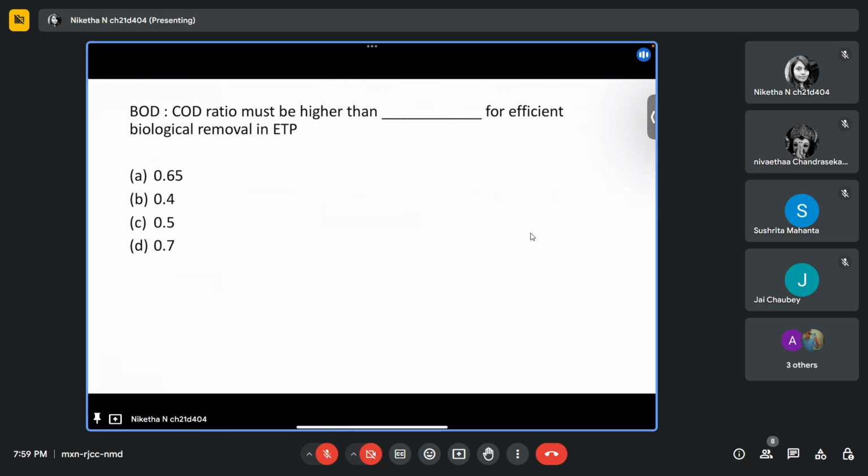Okay, the next question is: BOD to COD ratio must be higher than dash for efficient biological removal. Can you fill the correct answer?